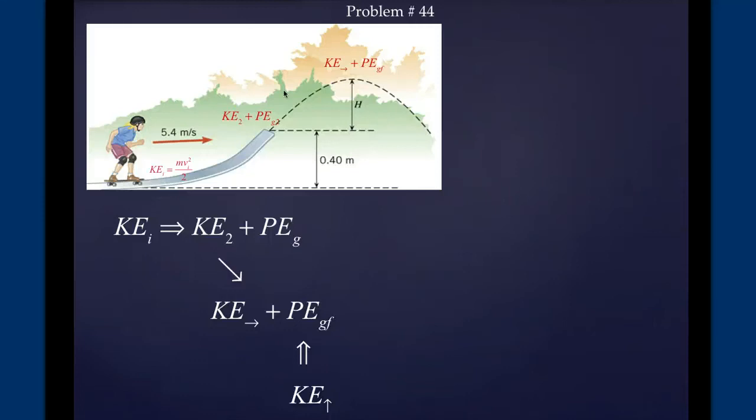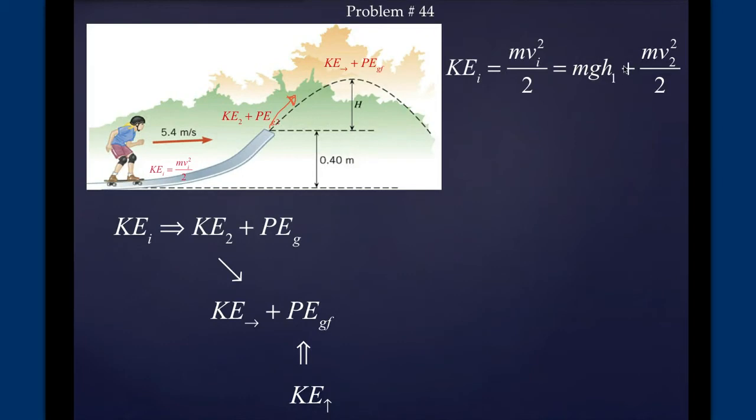Anyway, enough doodling. Keeping that in mind, in order to figure out how high she goes, I need to know what velocity she has at the moment when she's leaving the ramp. To do that, I'm going to use conservation of energy because we're disregarding air resistance, friction, and whatnot. So my initial kinetic energy equals kinetic energy right here plus mgh, where h is 0.4.